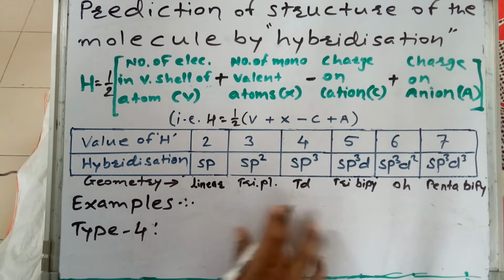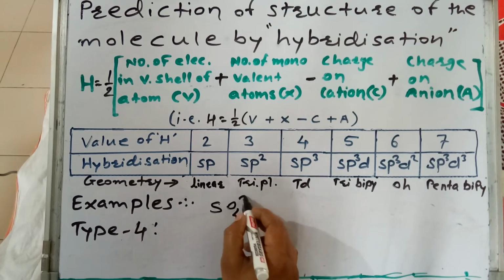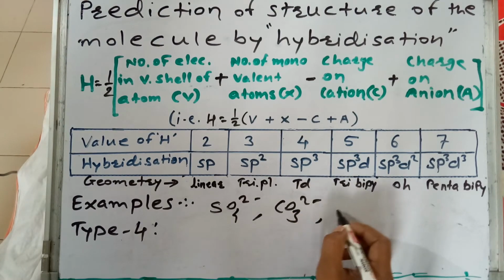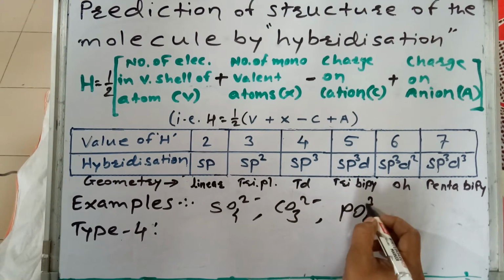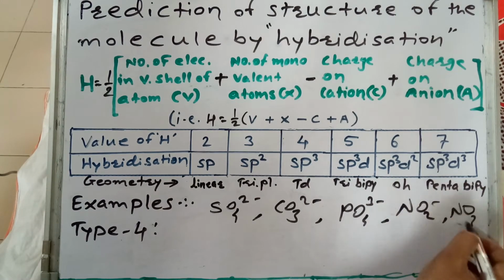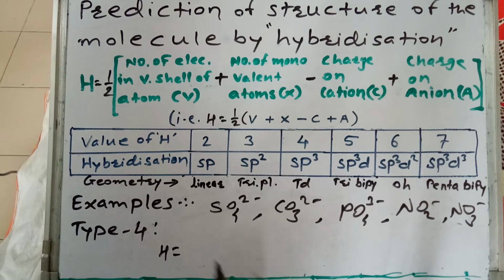Examples are SO4 2 minus, CO3 2 minus, then PO4 3 minus, NO2 minus, NO3 minus. These are the examples in which all these species carry negative charge, and these are called anions.